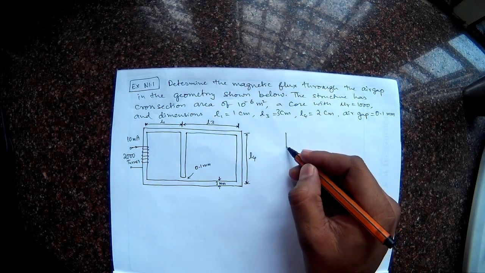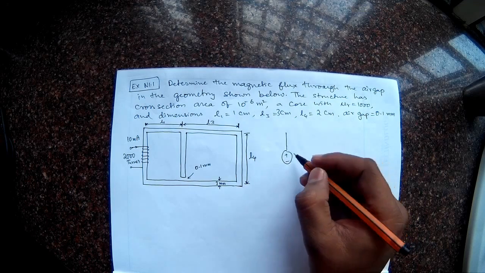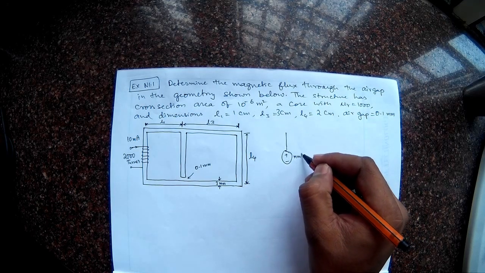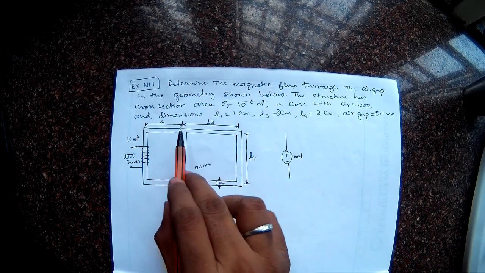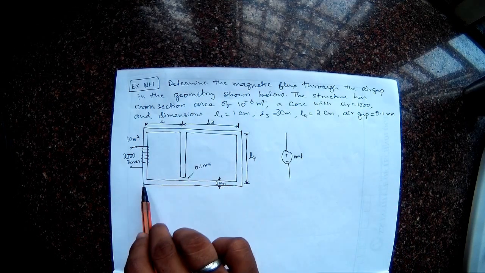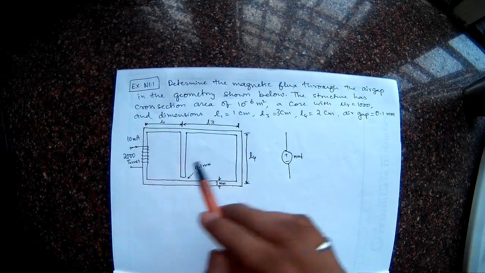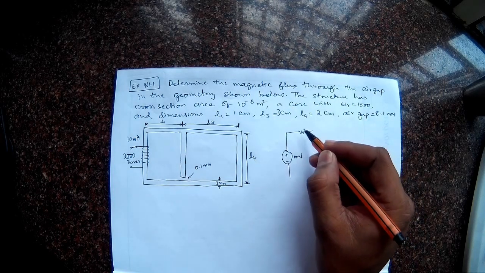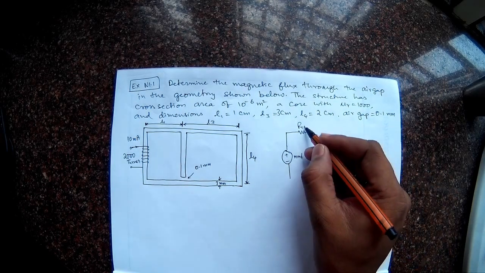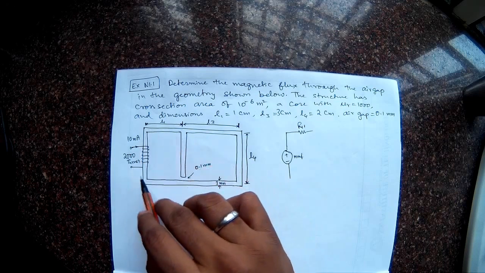So this is the MMF, magnetomotive force. Now this section, the left limb, the above and below part together will be represented as R1, the reluctance of the first part here.